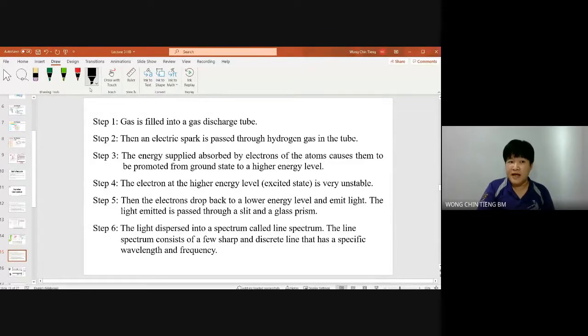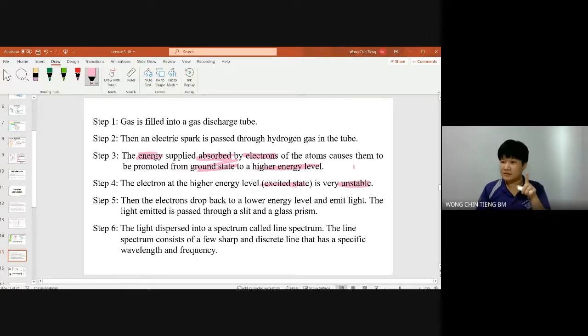Then the energy is absorbed by the electron. Keyword: everything is about the electron. Energy absorbed by the electron. The electron move from the ground state to a higher energy level. So dari bawah naik atas. Kat atas jadi apa? Atas tu is your excited state and is unstable. Just imagine kamu dalam exam lupa baling pen pun kamu ingat baling pen jatuh balik.